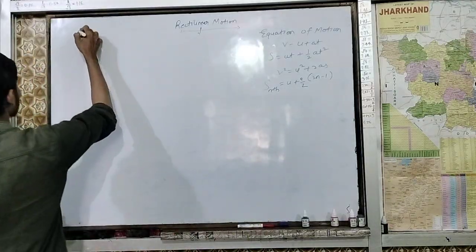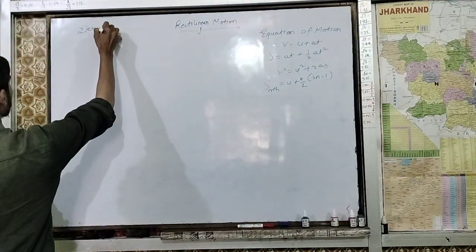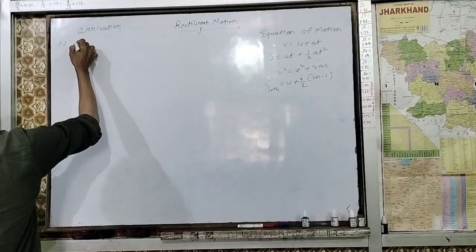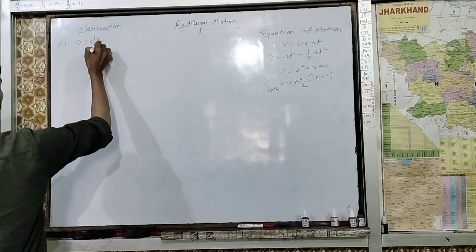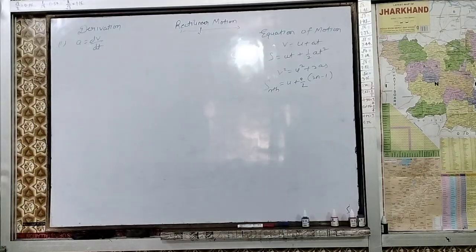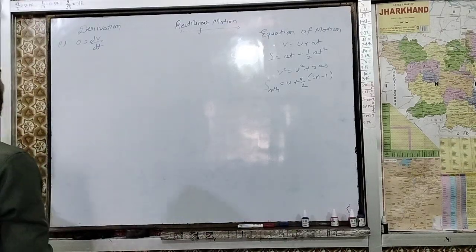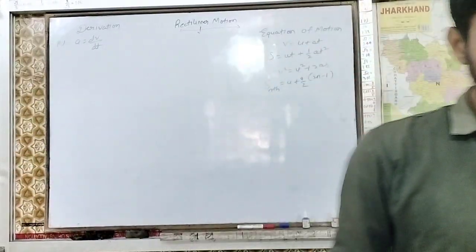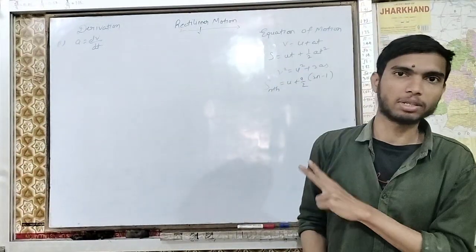First derivation. a is equal to dv upon dt. Remember, it's the instant acceleration. We have two options to derive it.